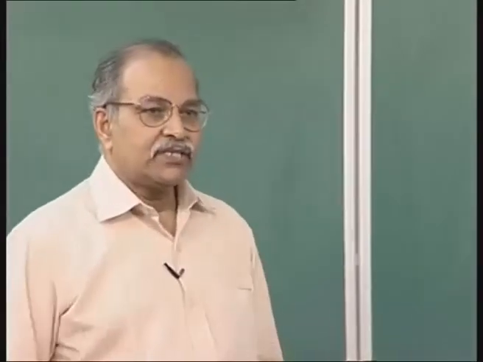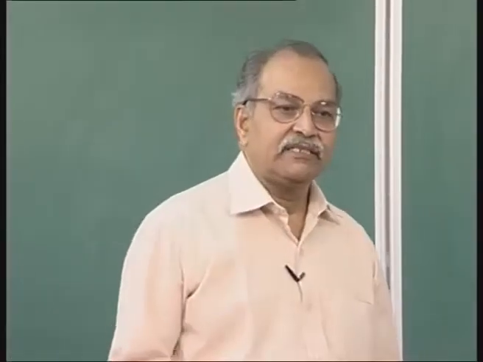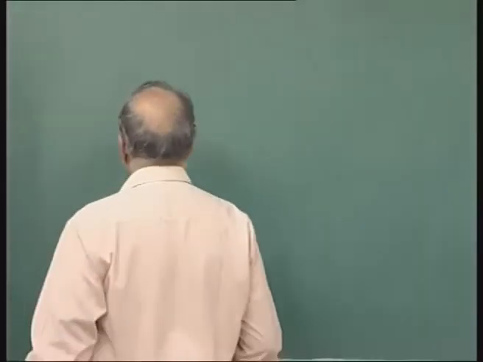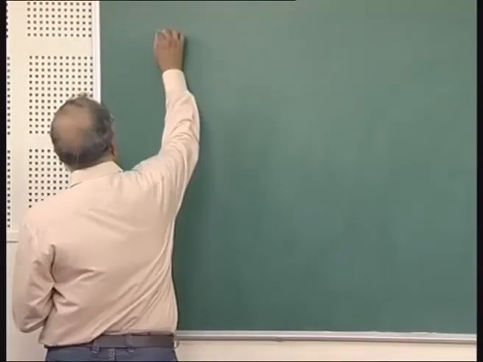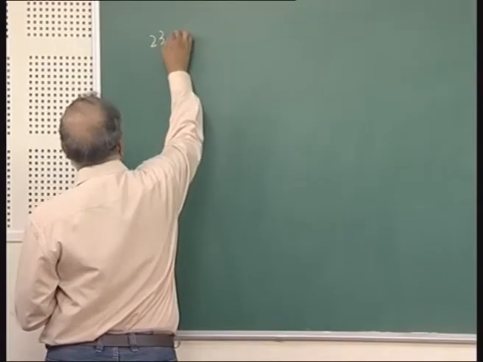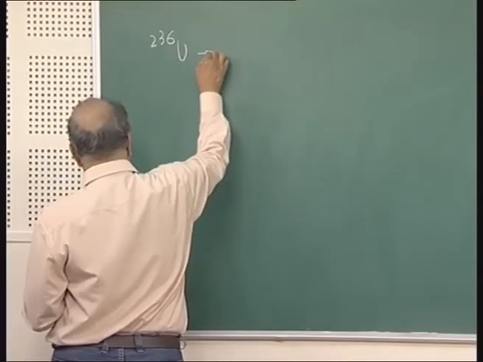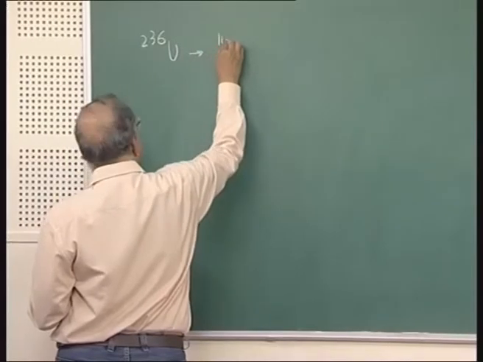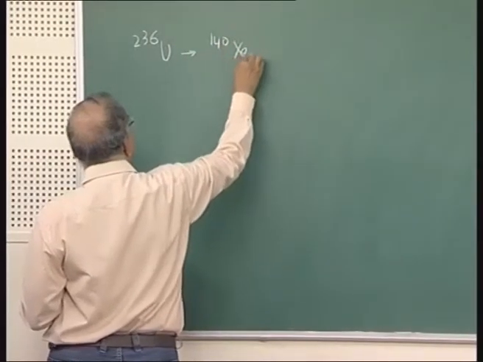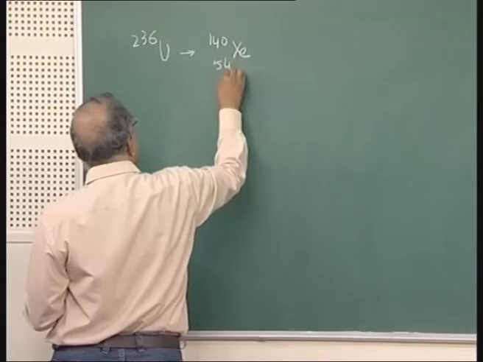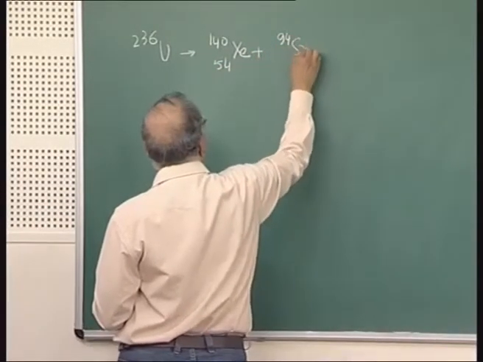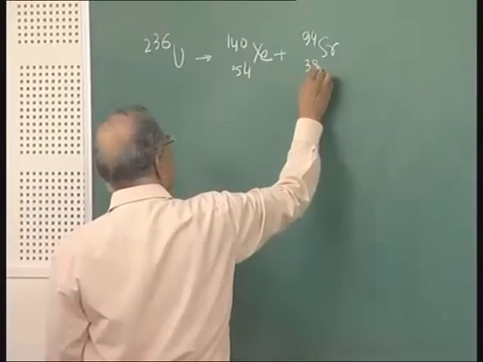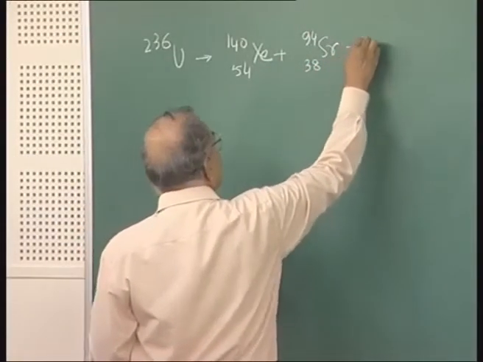The other thing is neutron excess in the final products. So, you remember some of the equations that I had written, one of that was uranium 236 going to, let us say, xenon 140 (Z is 54) plus strontium 94 (Z is 38) plus 2 neutrons.